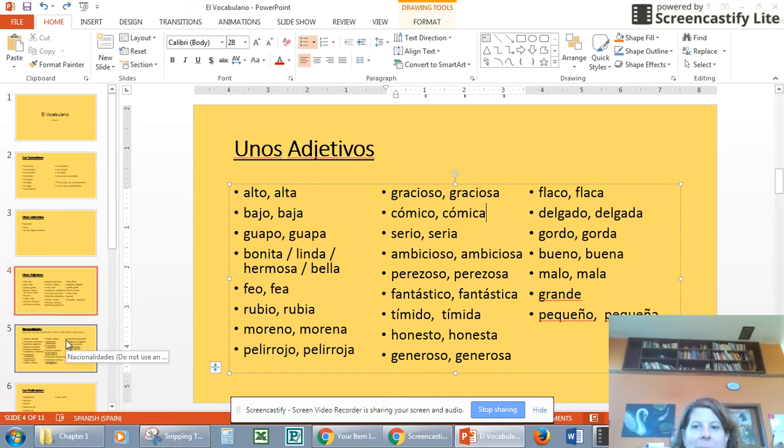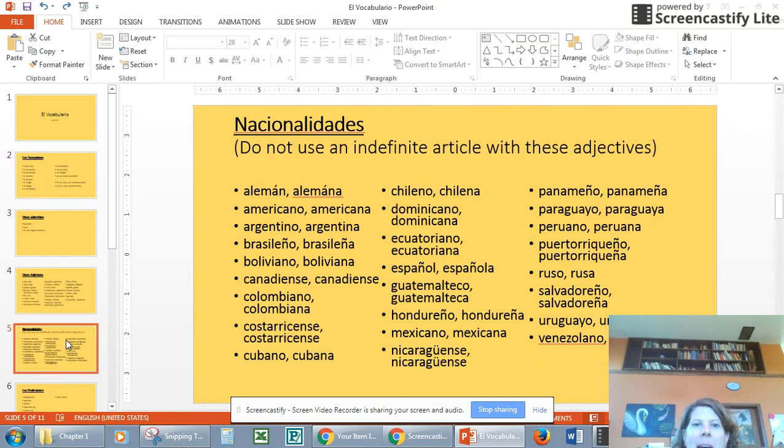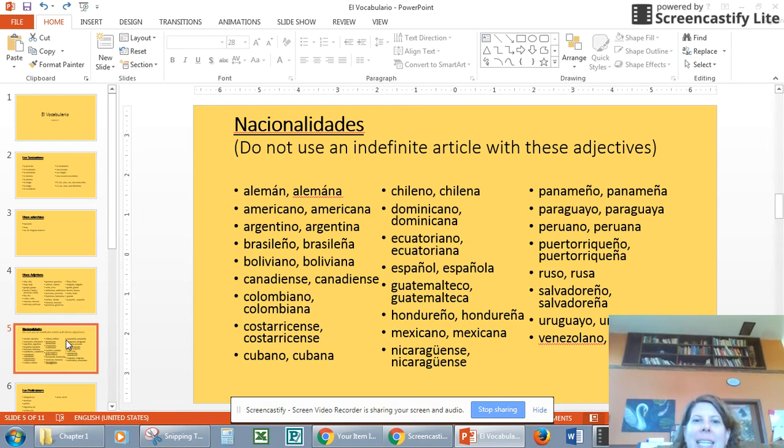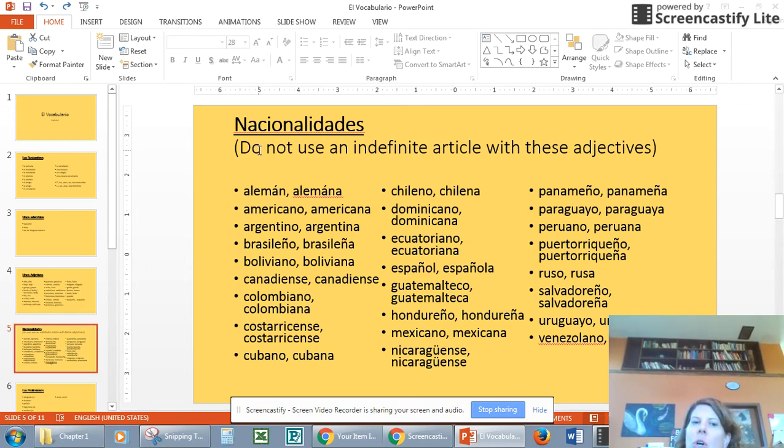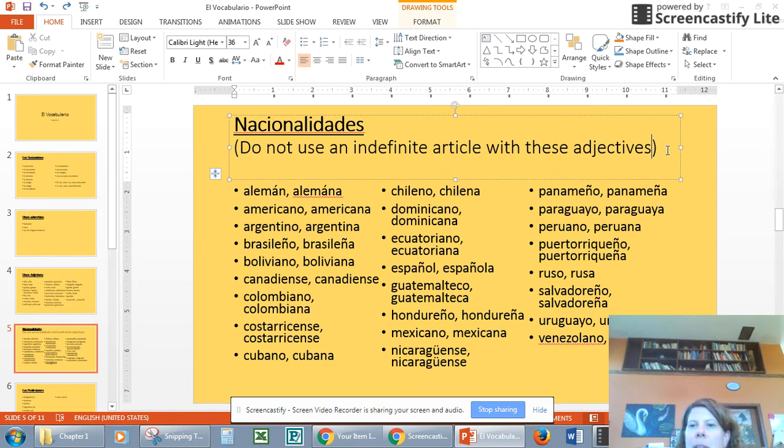All right. Moving on then. We have nacionalidades. And I have a little note here. You don't use an indefinite article with these adjectives. So, what that means is you're just going to say that the person is that particular nationality.